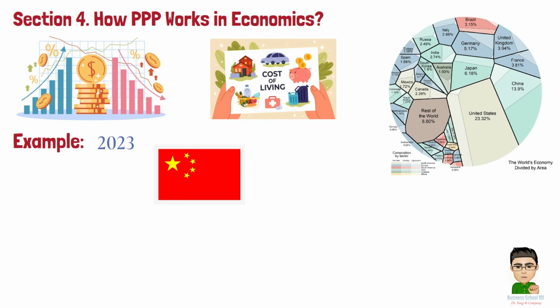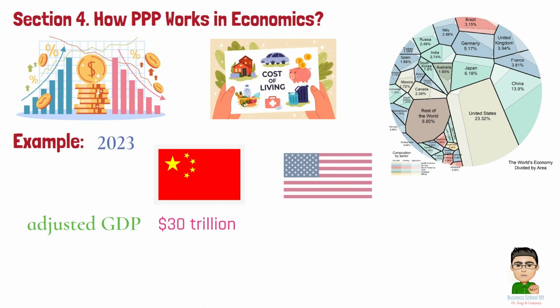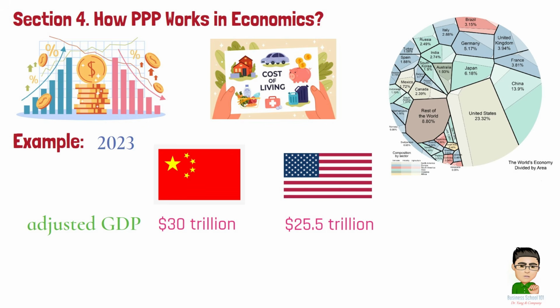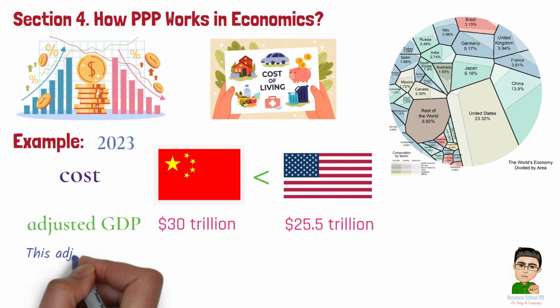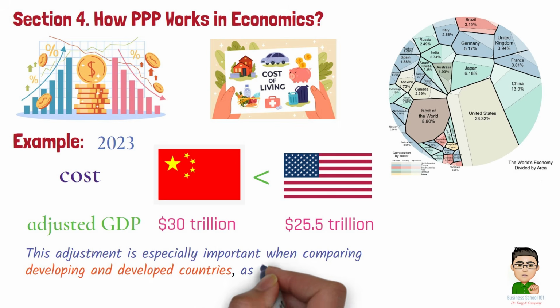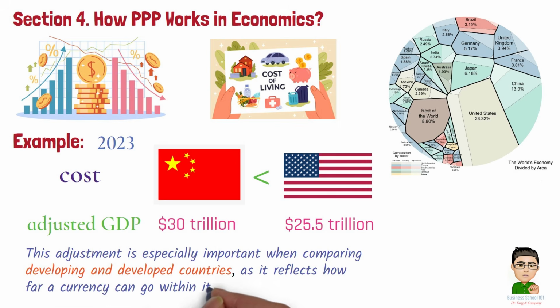However, when adjusted for purchasing power parity, China's GDP was closer to $30 trillion, surpassing the US's $25.5 trillion, making it the largest economy in the world in terms of PPP. This is because the cost of goods and services in China is generally lower than in the US. Please keep in mind that this adjustment is especially important when comparing developing and developed countries, as it reflects how far a currency can go within its domestic market.